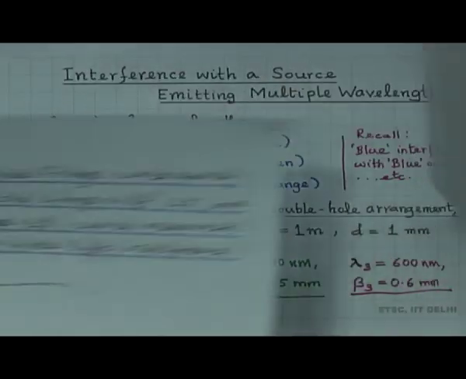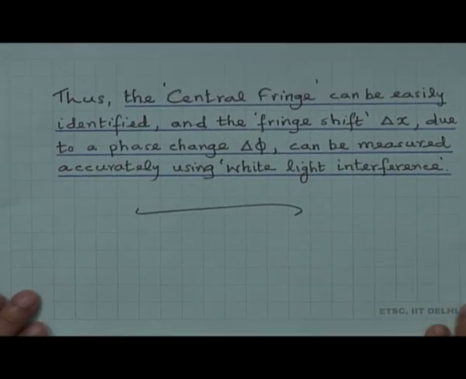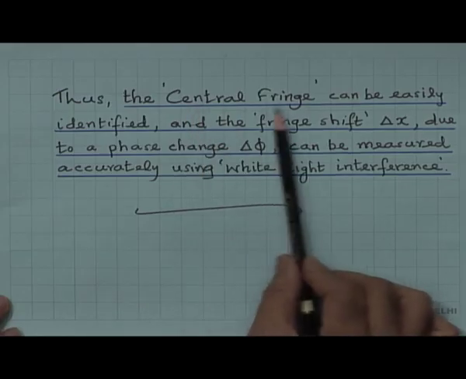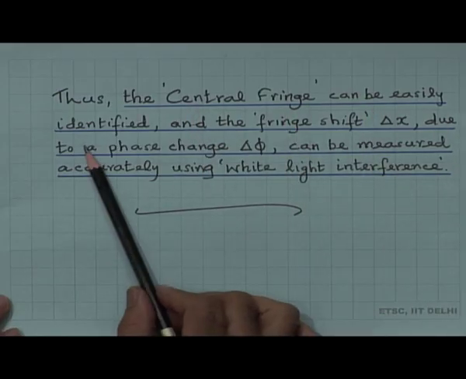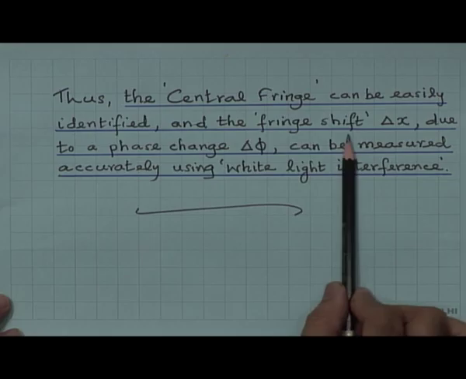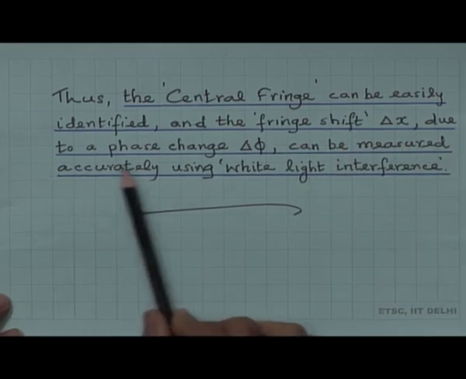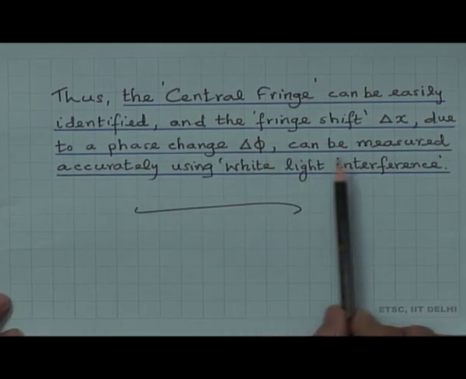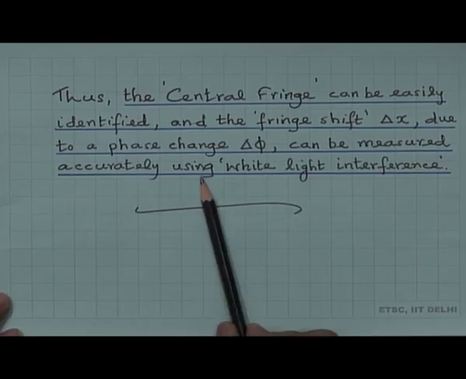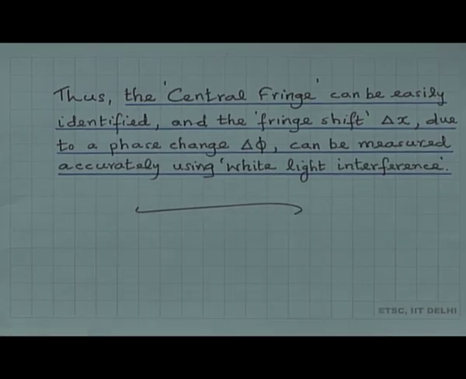And therefore, the final conclusion is that the central fringe can be easily identified and the fringe shift delta x due to a phase change delta phi can be measured accurately using white light interference.